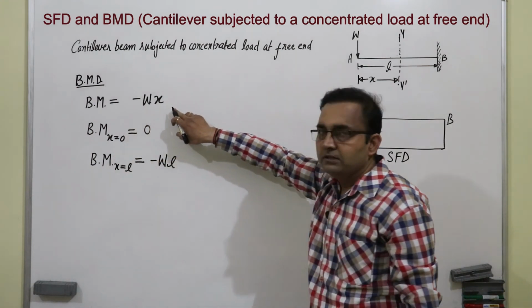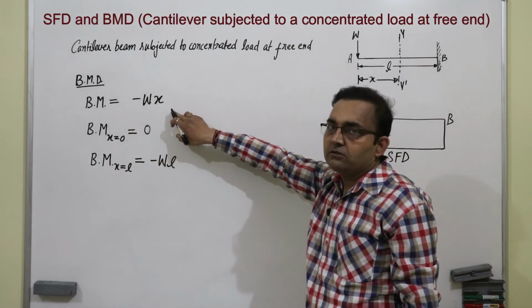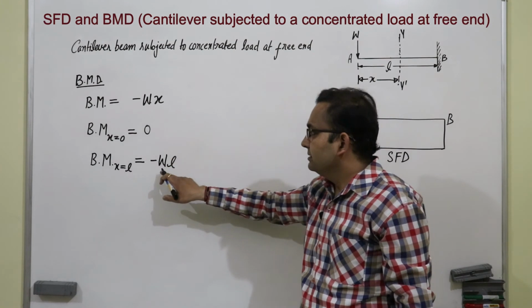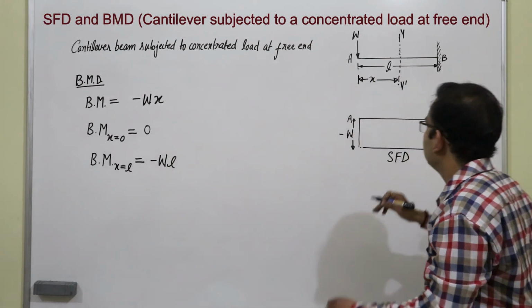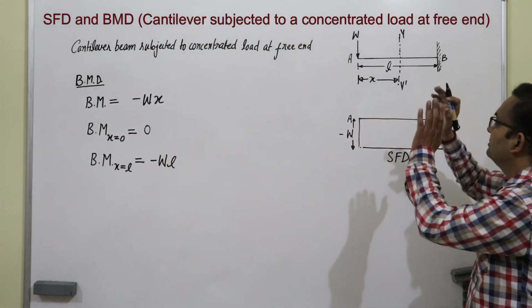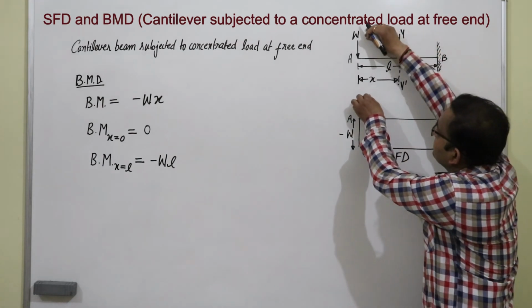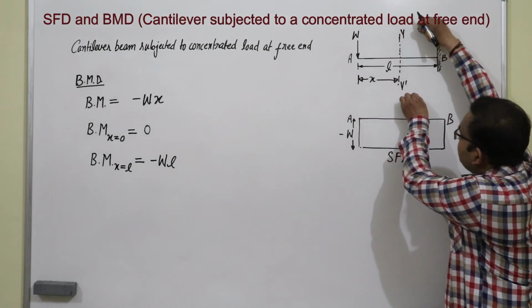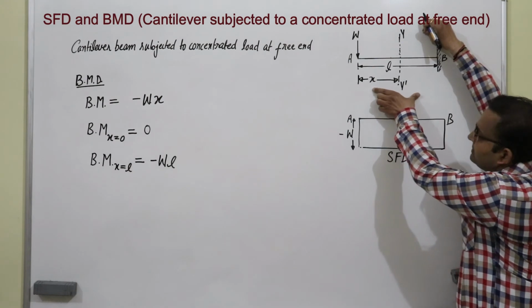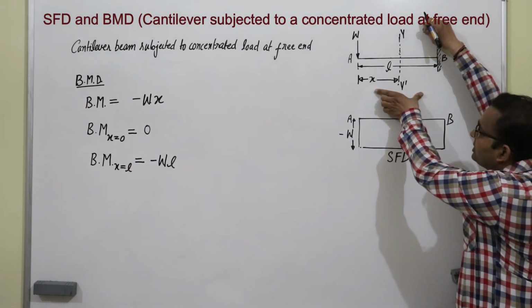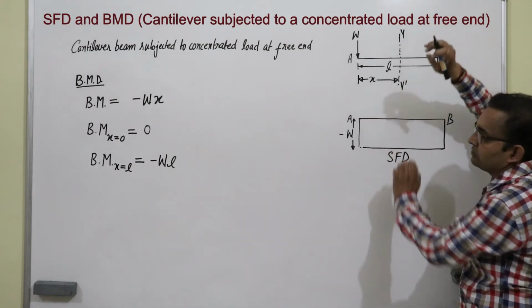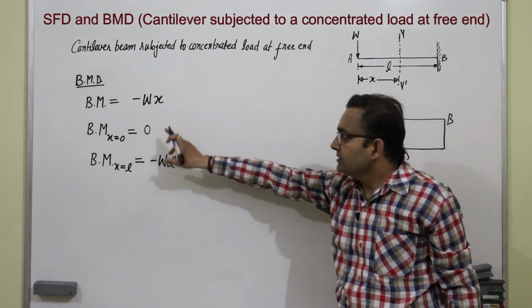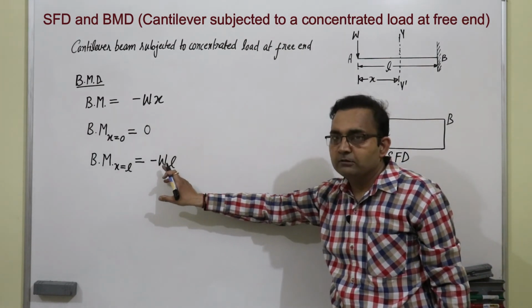In this equation, I put x equal to L, so I get minus WL. So, what we are doing? We are sliding this section to this side and x is increasing and it is becoming equal to L. So, the bending moment equation is this one, and we get minus WL.